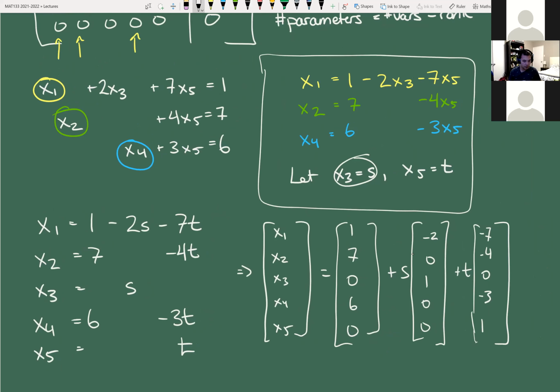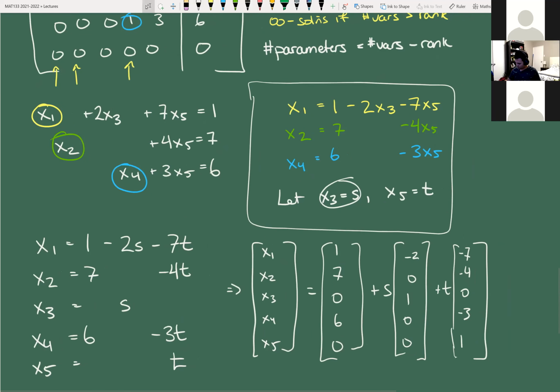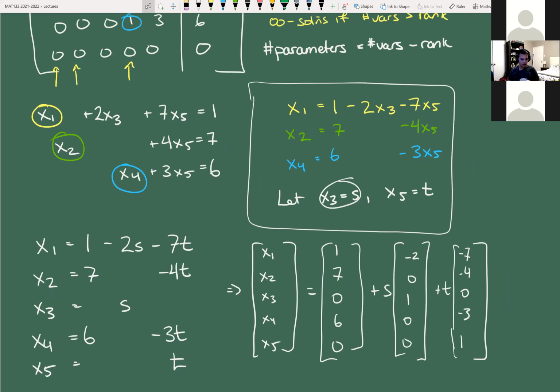Is the 5 purposely in column 2, or it doesn't matter? Which 5? For x3, bottom left. Oh, that's an S. Sorry, that's an S. Right, because it's this parameter. Does everyone see how I did this last thing?